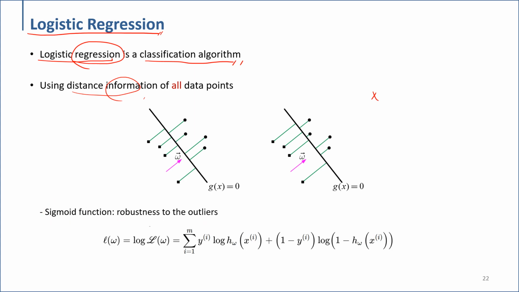By using this sigmoid function, we finalized the objective function, and by using the maximum point of this loss function, our model can find the middle point among these data. So yeah, that's it for today's lecture, and thanks for listening.